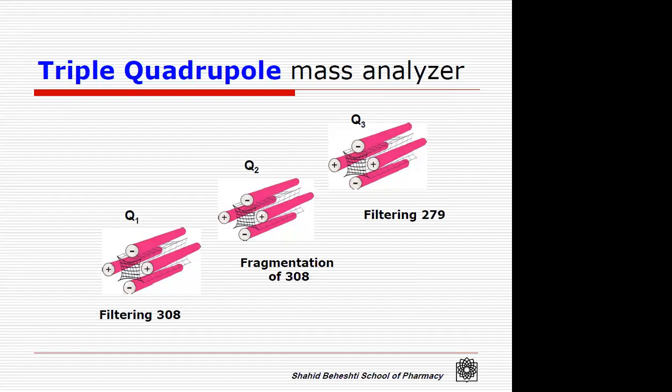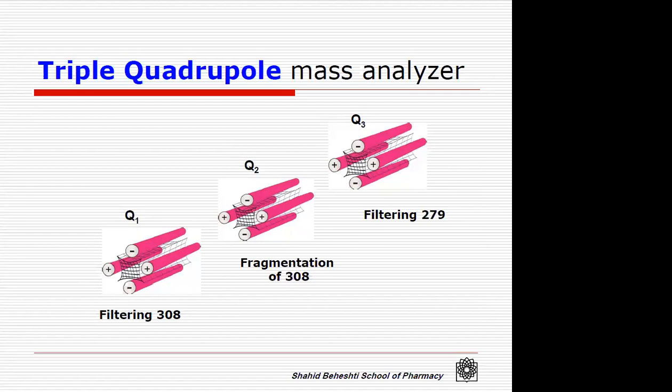And compound B is a compound which by accident has the same molecular weight of 308. And this is also passed through Q1 and delivered to Q2. So we have two compounds delivered to Q2. One of them is our target, compound A, and the other one is another structure having the same molecular weight as the target A, and they are both in Q2.